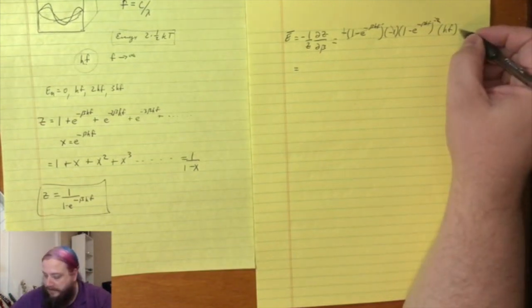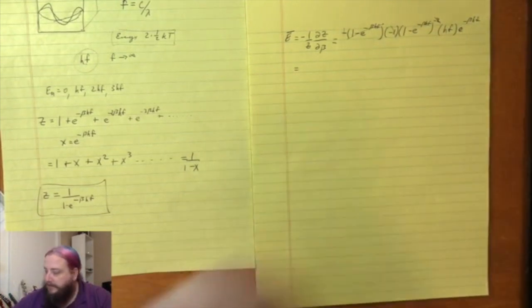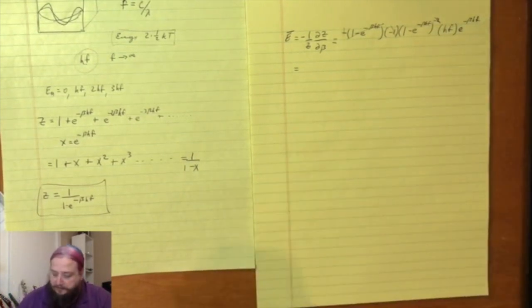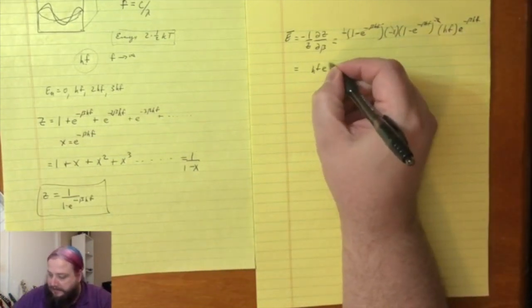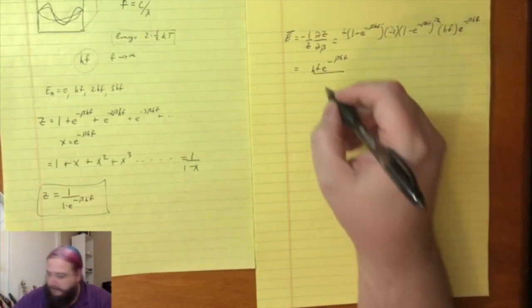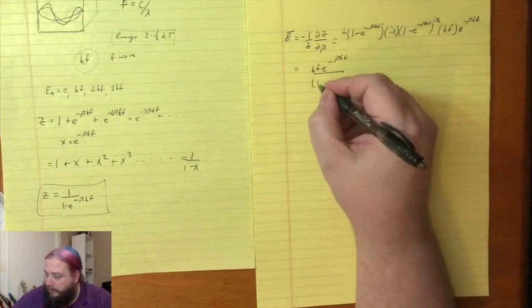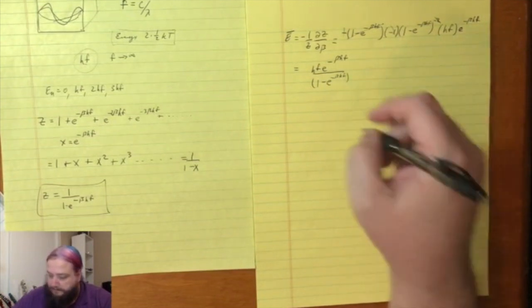Oops, I forgot to repeat the exponential term there. So this is just going to give us hf e to the minus beta hf divided by the one remaining 1 minus e to the minus beta hf.